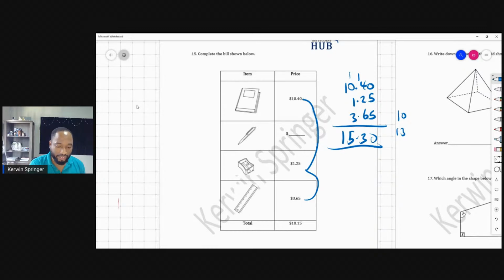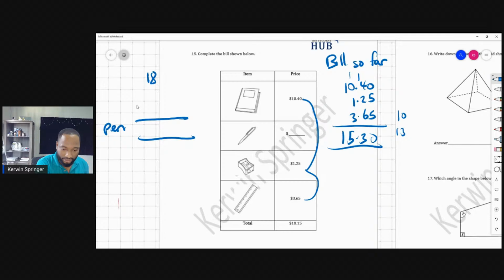The bill adds up to 1530 so far. So the remaining number here must be what carries it to the 1815. So I can subtract to find the missing cost. The cost of 1 pen will have to be 1815 minus the 1530 that we got so far.